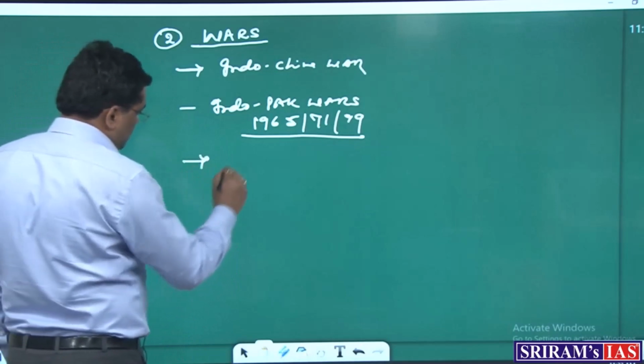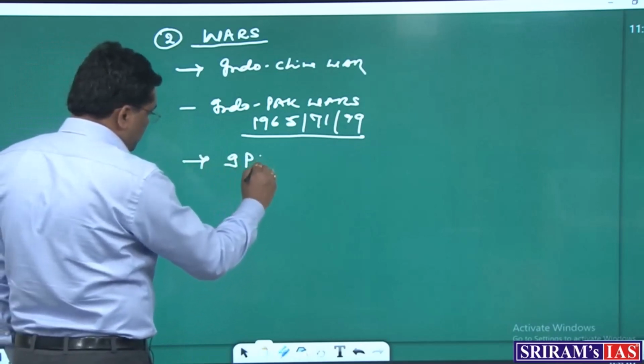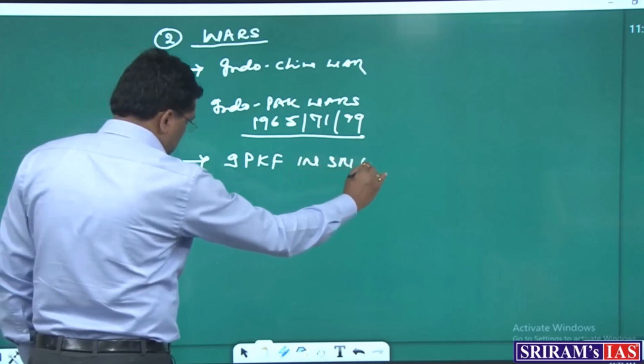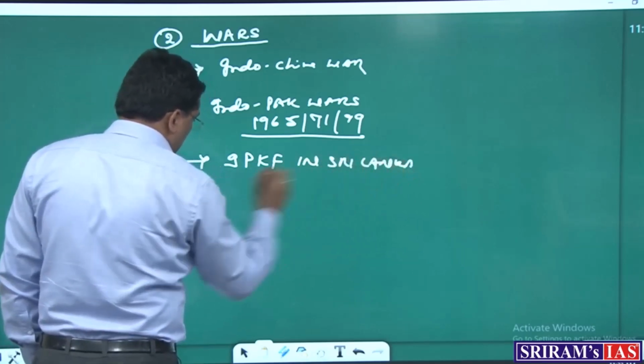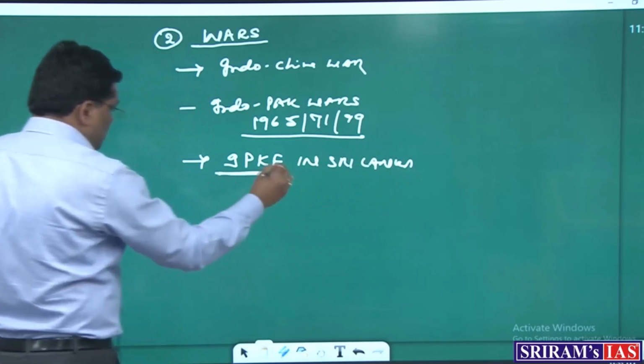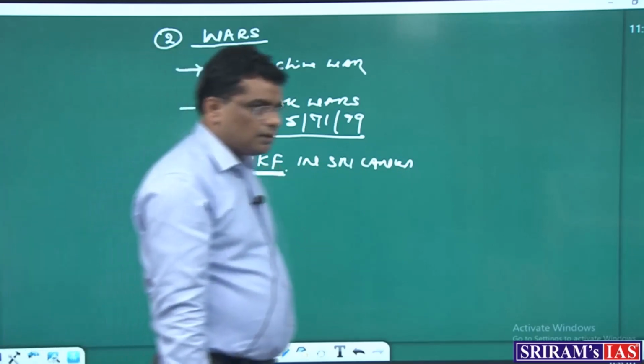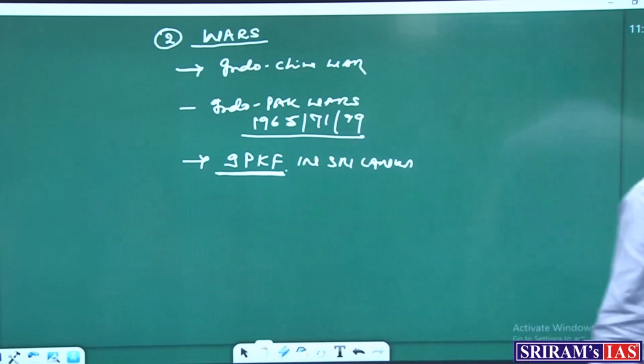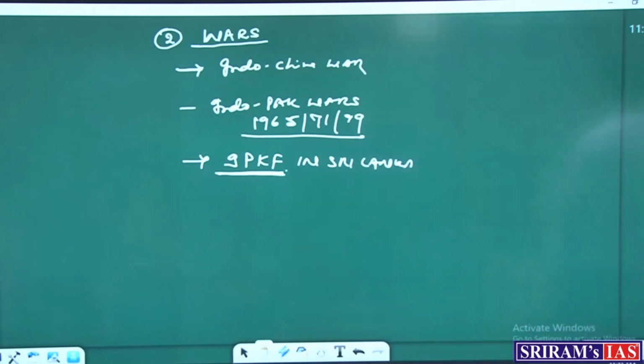And Indian peacekeeping force in Sri Lanka, IPKF. Why Indian peacekeeping force went there, and why we have the burned finger, and how Rajiv Gandhi was killed in this entire episode. So IPKF in Sri Lanka.